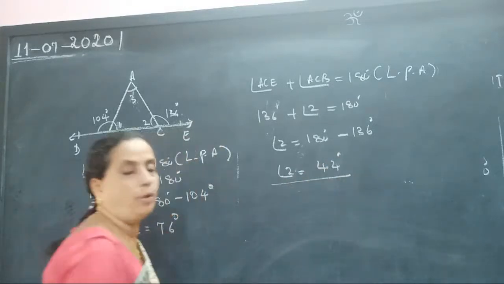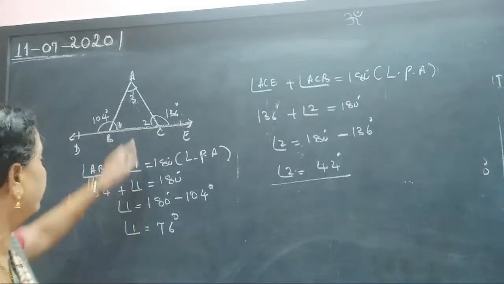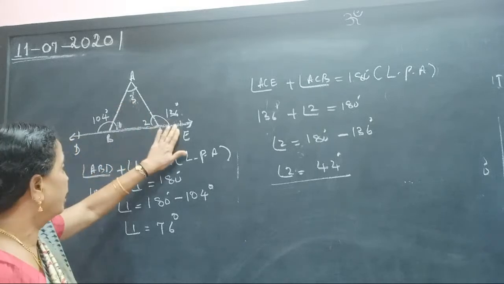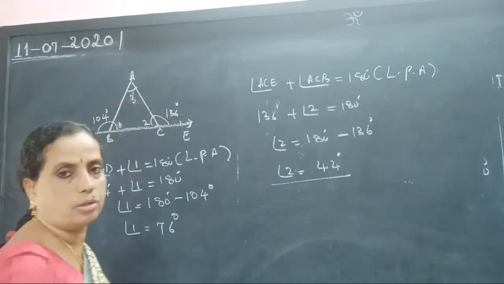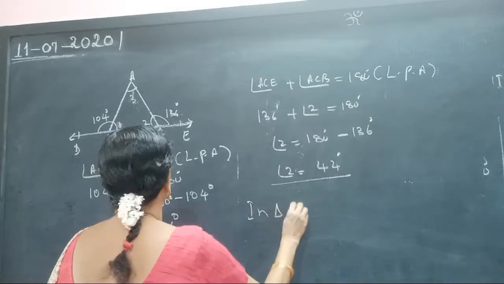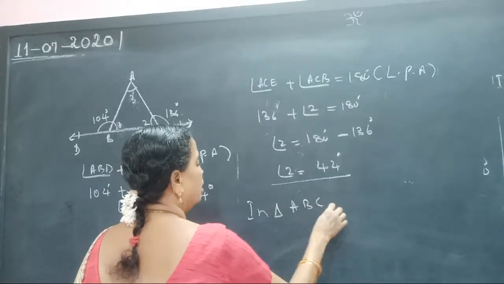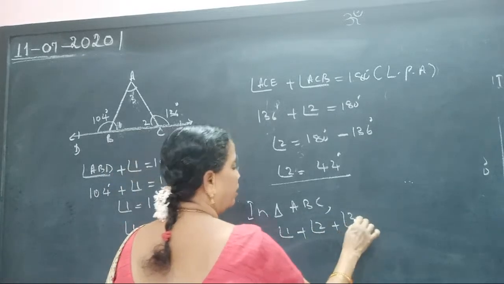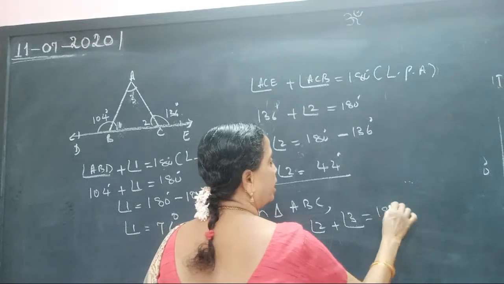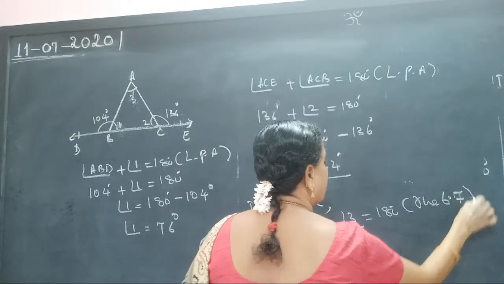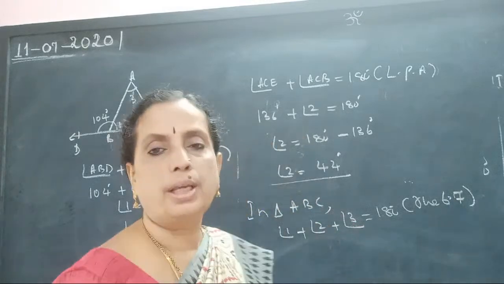So, knowing angle 1 and angle 2, you can easily find angle 3 using the angle sum property or the exterior angle condition. I will go with the angle sum property in triangle ABC. Angle 1 plus angle 2 plus angle 3 equals 180 degrees. Write the reason, theorem 6.7. Don't forget to give the reason.